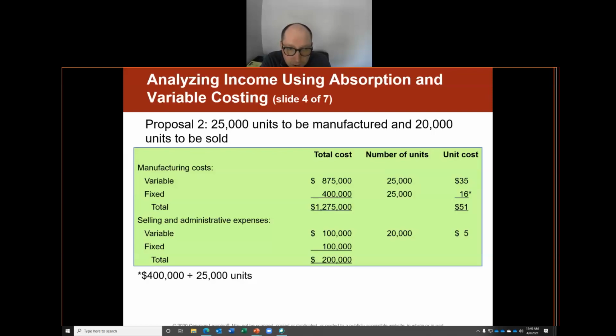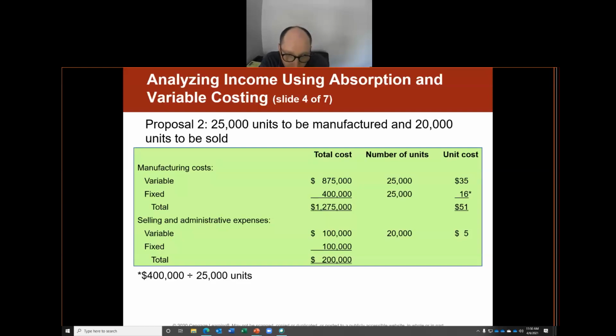So to find variable costs, we got 875,000. It's 25,000 units times the $35 variable cost. Now we notice that our fixed cost per unit is lower under this proposal. We have $16 per unit fixed cost. How did we get that?